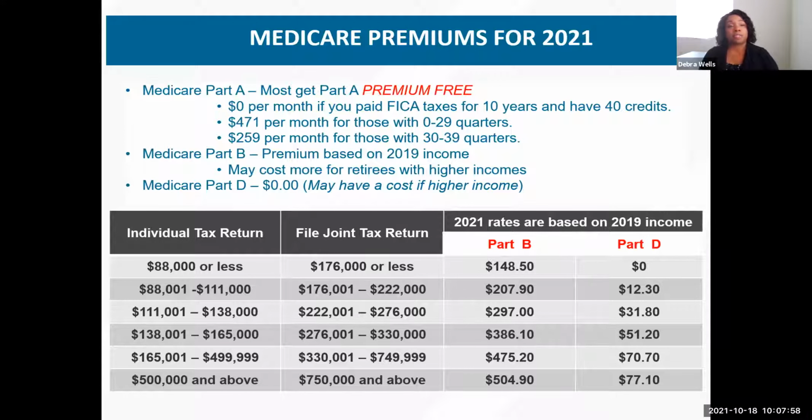And then when it comes to Medicare Part D, most will not have a premium. But if you do have a higher income, you may have a Part D premium to pay. So what you do, whether you're filing individual or a joint tax return, you follow it along to your right, and there you will find what you will pay for Part B and or Part D.